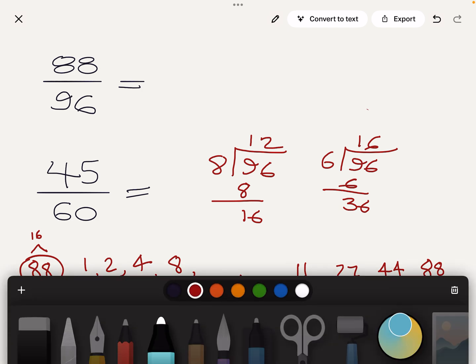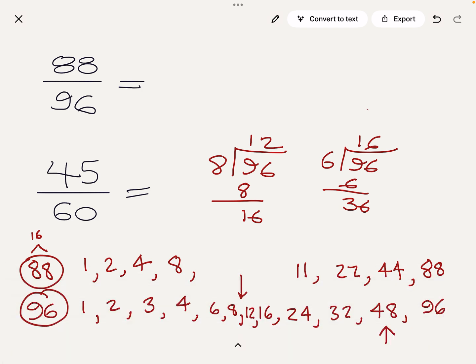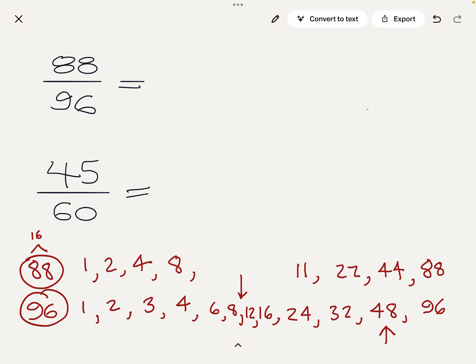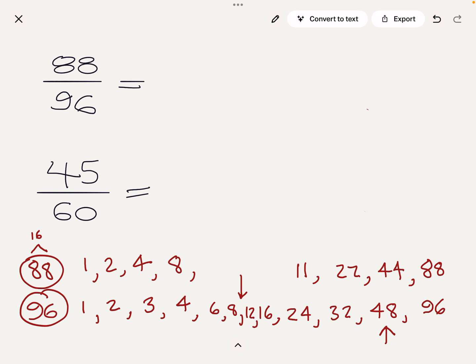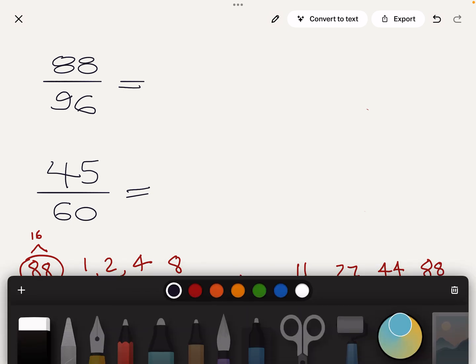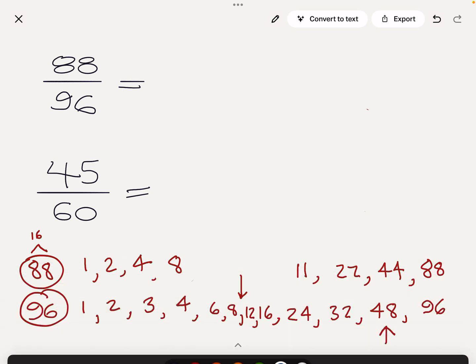So let me remove my long division real quick. And then we will go through and we will divide both numbers by 8, which is the greatest common factor for these two numbers. So let's do that real quick.